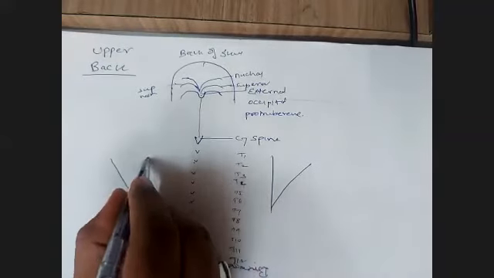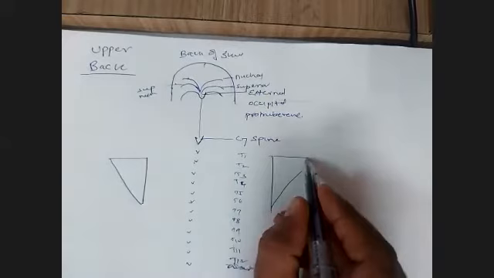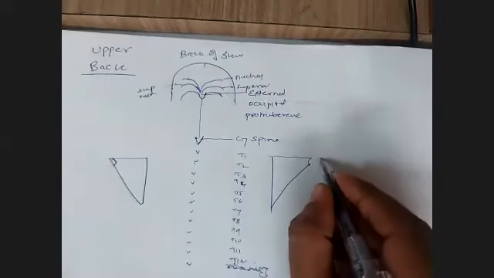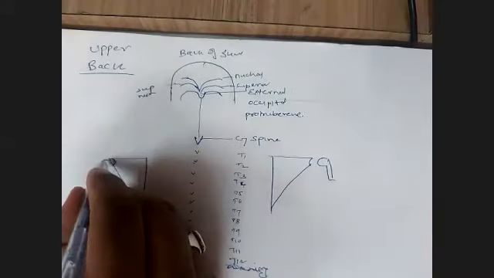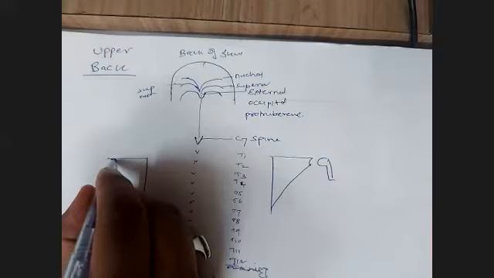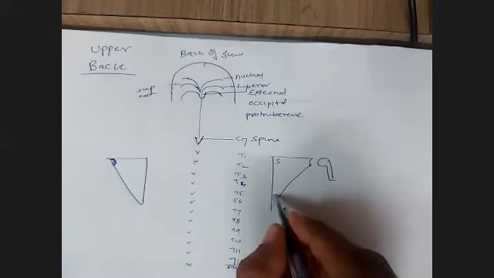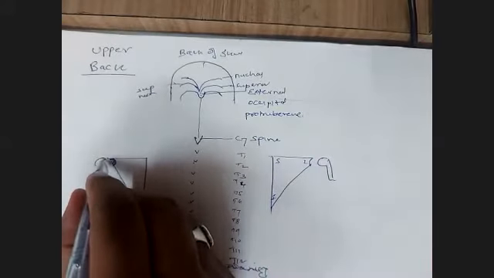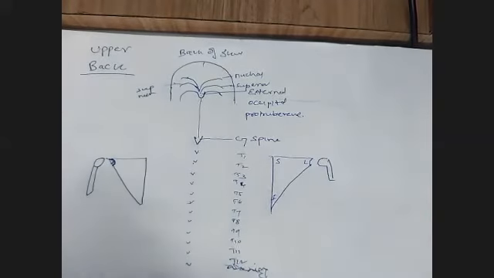This is the superior angle of the scapula, grossly at the level of T2, and laterally there is the glenoid cavity, which forms the shoulder joint. This is sometimes called the lateral angle. This is the superior angle, this is the inferior angle, and this is the lateral angle, also called the glenoid cavity. Here we find the humerus forming the shoulder.